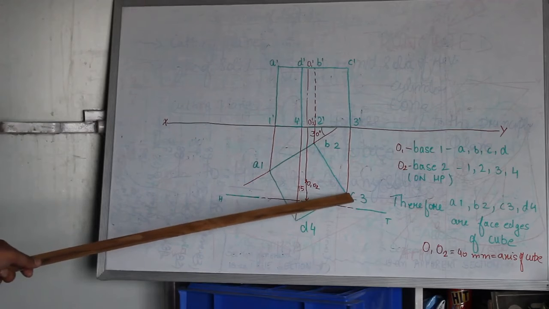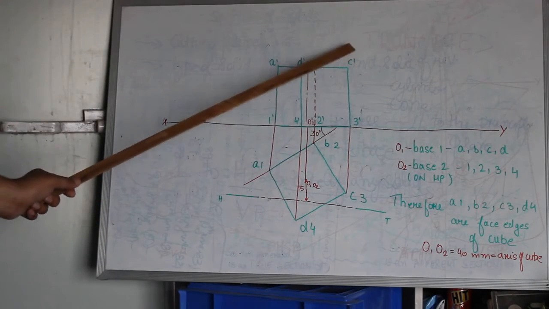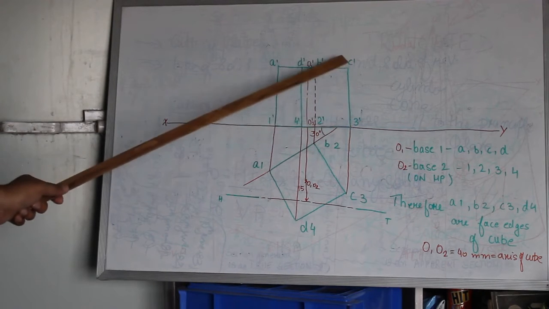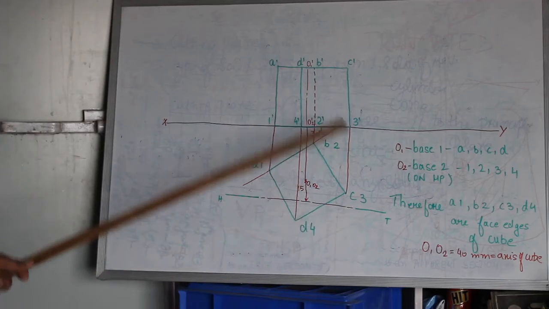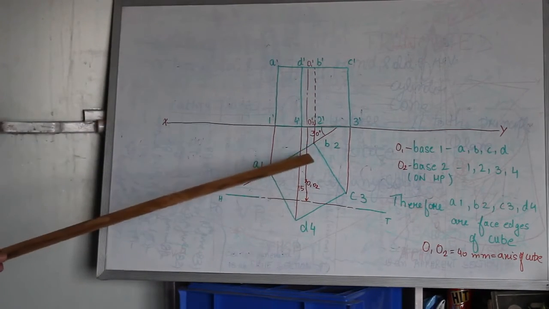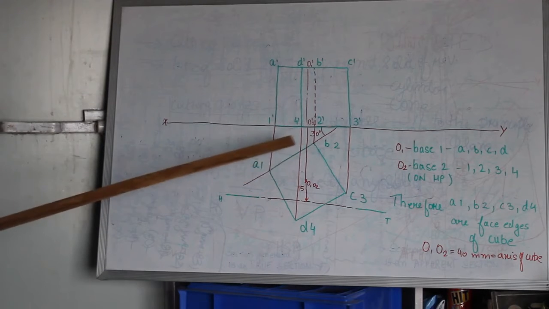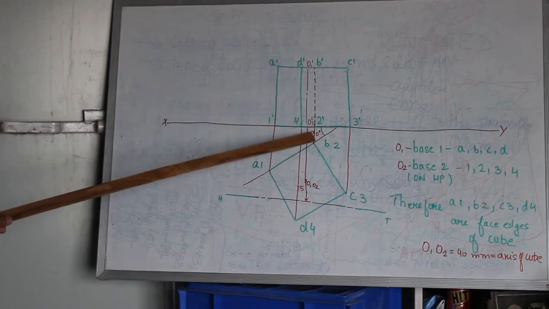And for the last, I've taken this projection till here, till the reference line. I've then taken a dark line because this is the visible edge C3 from the front view. Now this is the projection of the solid, right? The base of the solid which is on HP is a square, and the face edge of the solid is inclined to VP at 30 degrees.